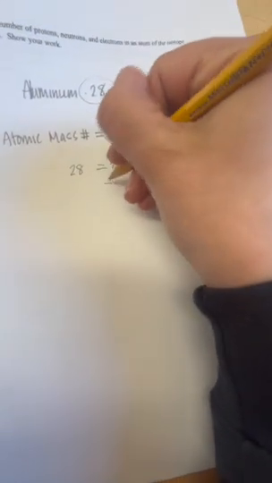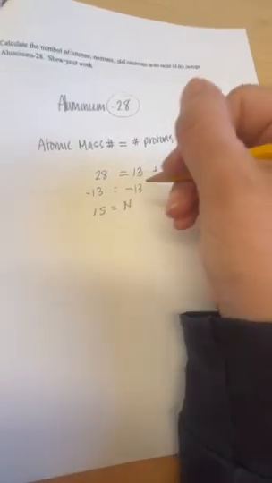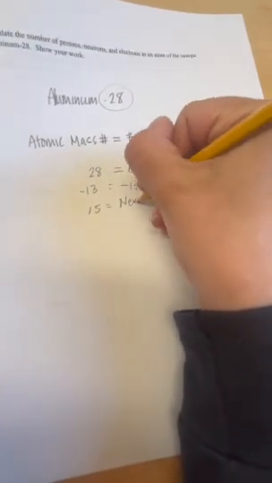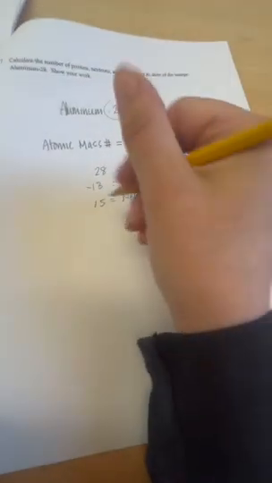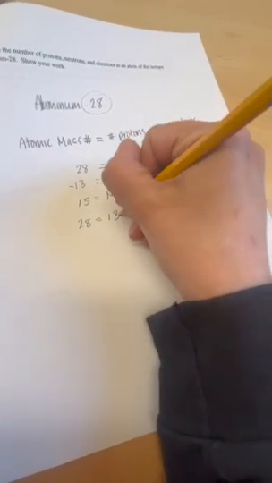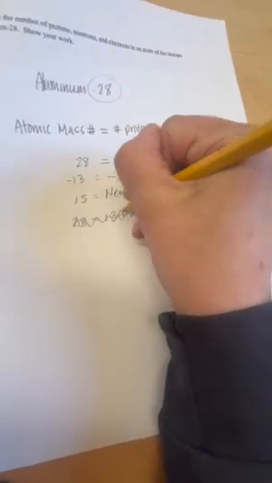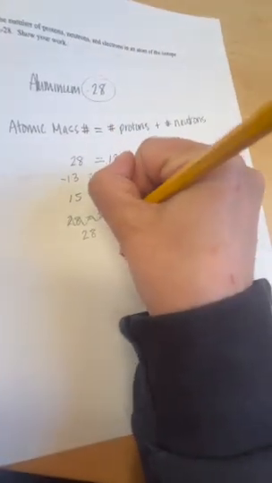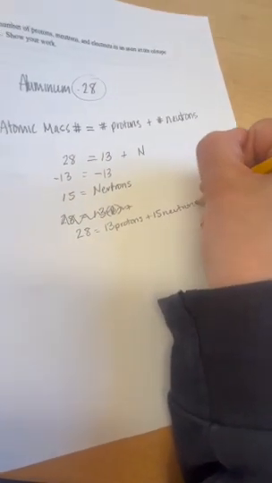To do that, all we have to do is subtract 13 from each side of this equation, which brings us to 15 equals n. So 15 neutrons. All right, so when we put this all together, we have a mass of 28, which equals 13 protons, 15 neutrons.